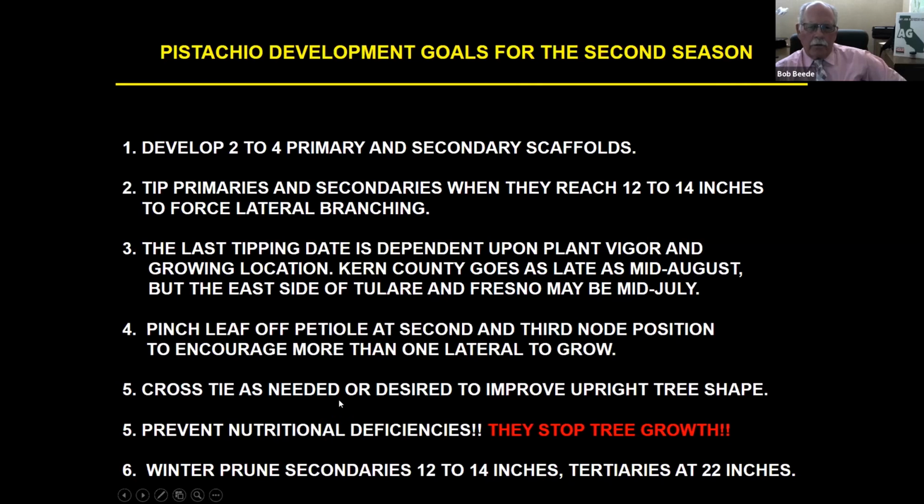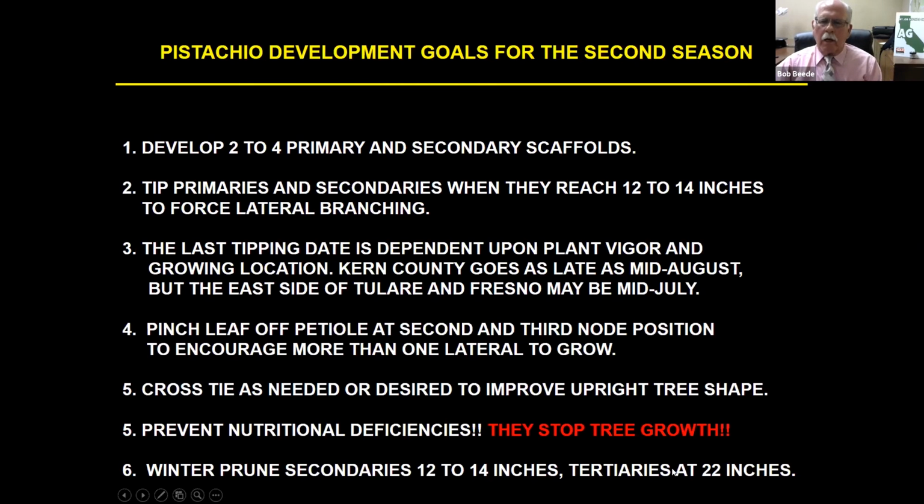We cross tie the tree as needed to improve upright tree shape, and we prevent nutritional deficiencies. Then they stop tree growth, and then we winter prune secondaries to 12 to 14 inches, tertiaries at say 22 inches.